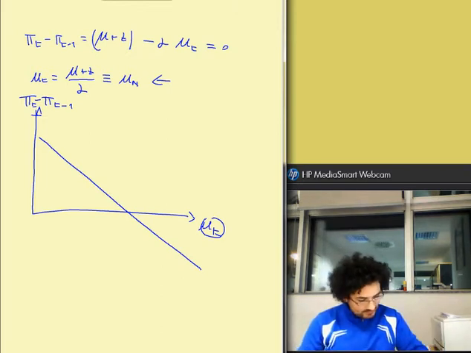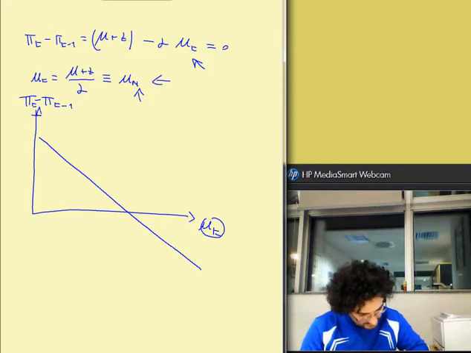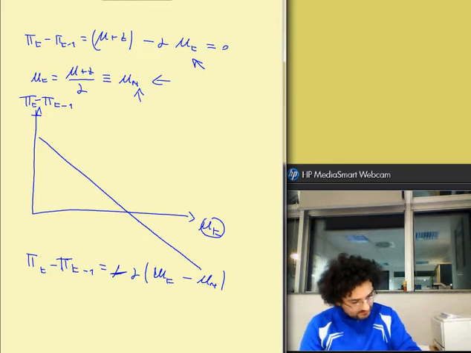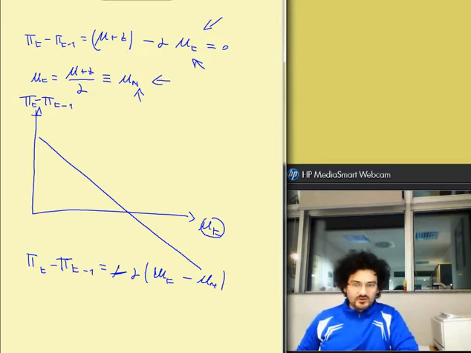Just as an intuition, we can rewrite this in terms of the natural level of unemployment, because we have that pi t minus pi t minus 1 equal to minus alpha, which multiplies ut minus un.